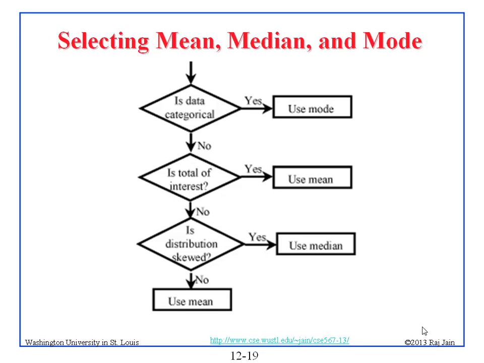Okay? If the total is of interest to nobody, is the distribution skewed? Skewed means it's not symmetrical. If it is skewed, then use median. Otherwise, go back to the mean again. So mean can be used in 2 different cases, either because the sum is of interest, or because nothing else fits. All right.